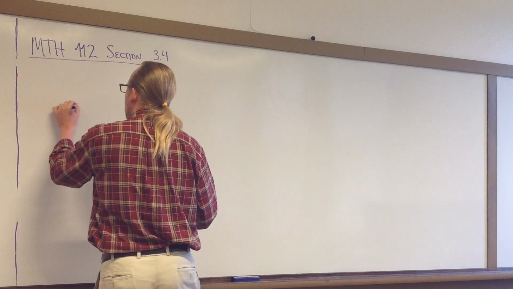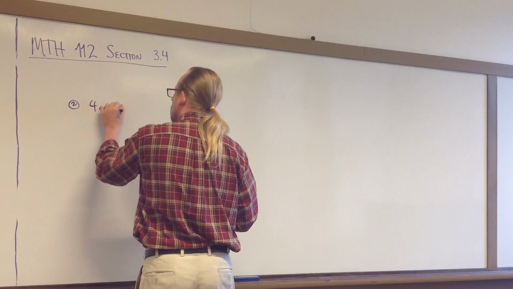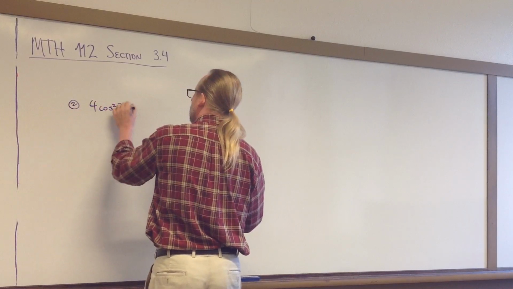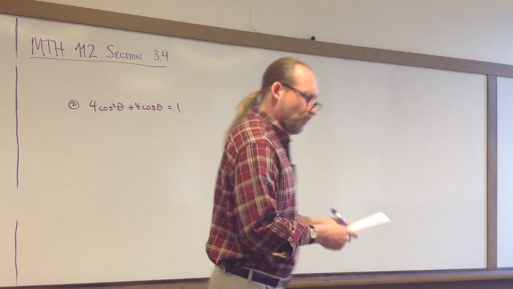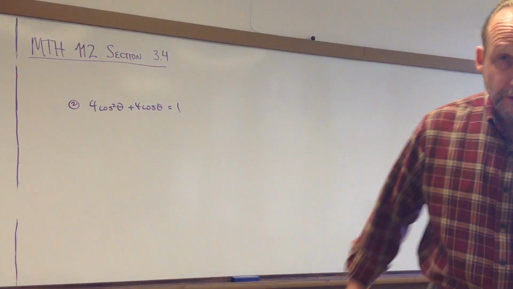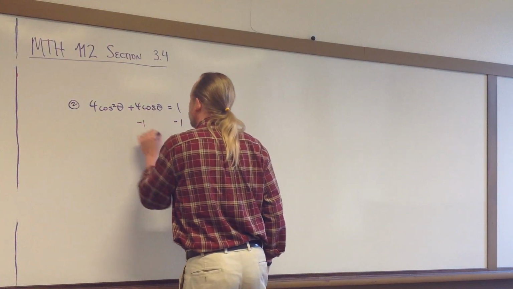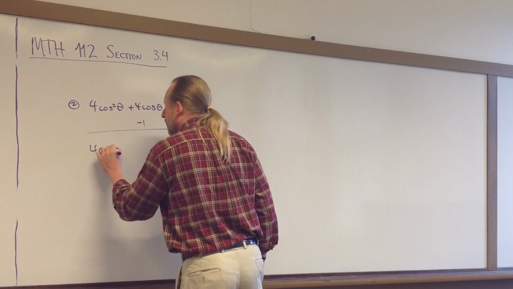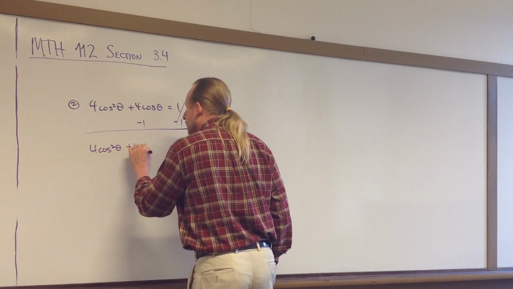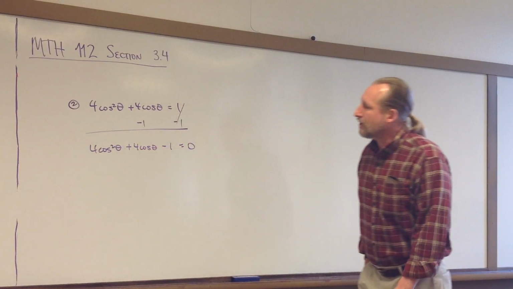Problem 2, we've got 4 cosine squared theta plus 4 cosine theta equals 1. The first thing we want to do, if we're going to be using the quadratic formula, is to put this in standard form with everything on one side set equal to 0.